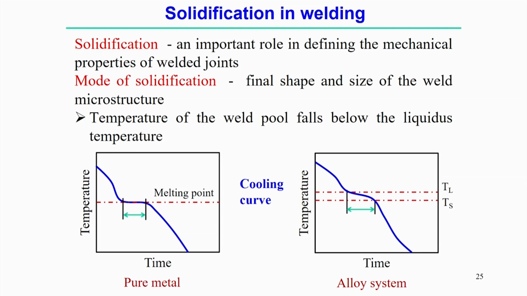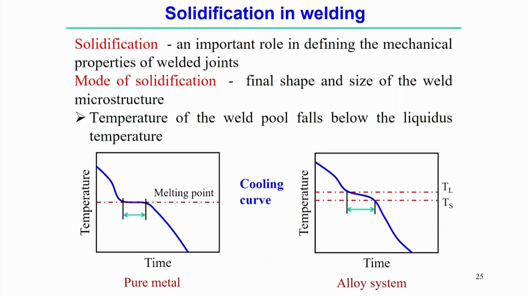In this case, the time versus temperature curve starts from the superheating temperature and then reaches the liquidus temperature, and there are two defined temperatures between which the solidification happens: from the liquidus temperature to the solidus temperature. The region between these two is normally called the mushy zone. A mixture of solid and liquid phase exists between the solidus temperature and the liquidus temperature.